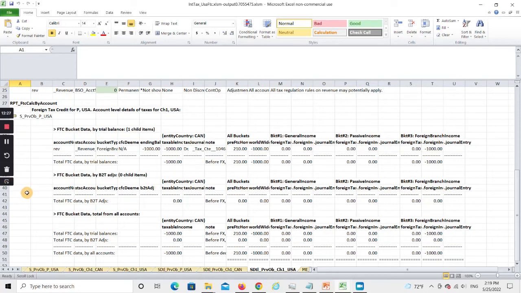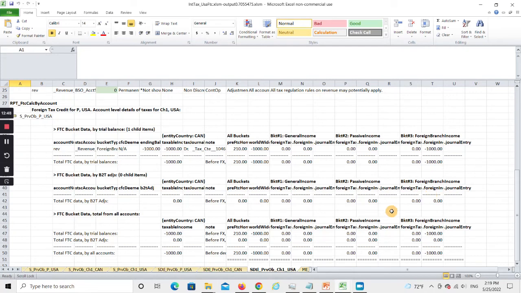And further, if each account had book to tax adjustments on it, there would be items over here. Each of those adjustments would potentially contribute to those individual buckets as well. In our case, there's nothing.